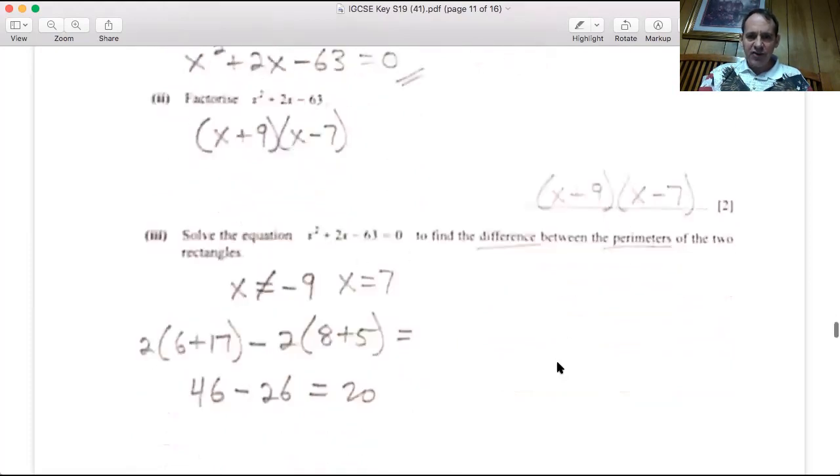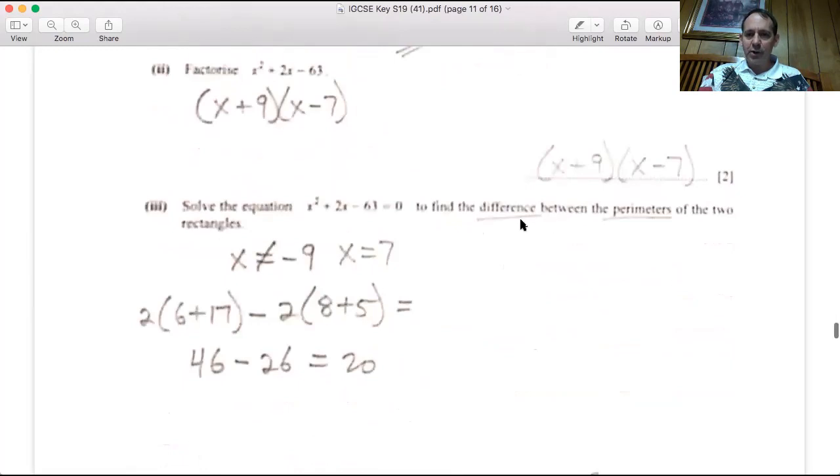Now it wants us to solve this. So if you solve this, you get x equals negative 9 and x equals 7. And it wants us to go ahead and find the difference between the perimeters. Okay, between the perimeters, not the area.